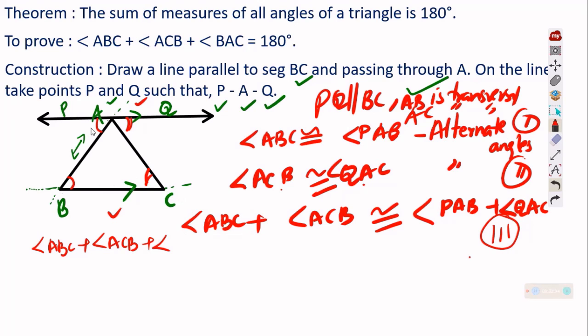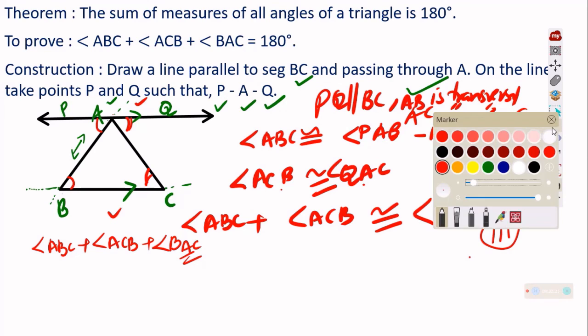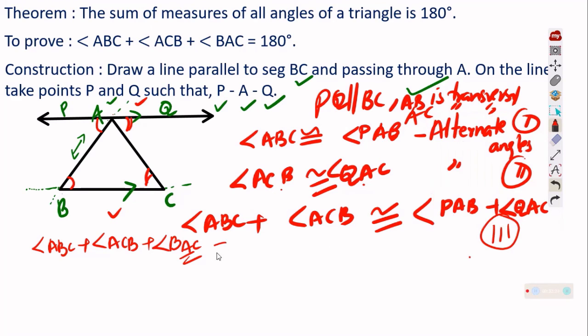So this I added. Then on the right side also you have to add the same. It is equal to angle PAB plus angle QAC plus angle BAC. On both sides the same weight is added, BAC added.